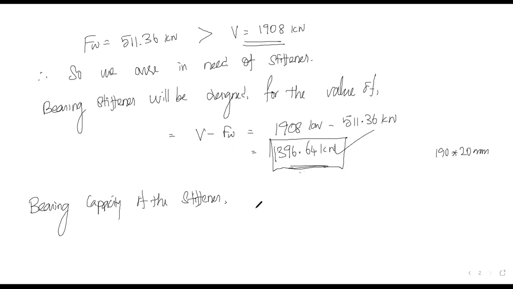I'm going to use the formula: bearing capacity of stiffener is equal to area of the stiffener multiplied with stress, that is Fy divided by gamma m naught. So area of the stiffener I have to calculate.